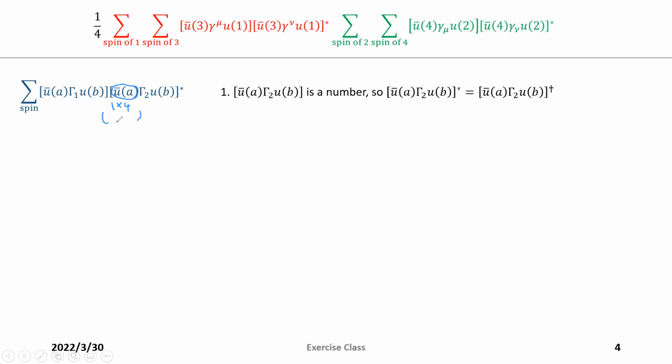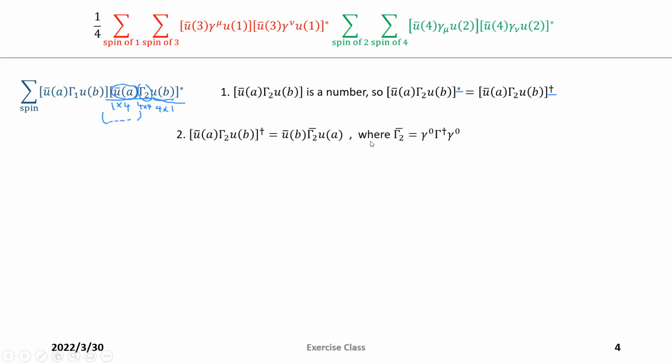It's something like this. And this γ² is a 4 times 4 matrix. And this u is a 4 times 1 column vector. So the total result will be a number. And so the complex conjugate is equivalent to the Hermitian conjugate because it's just a number.